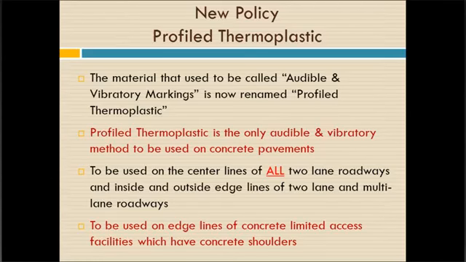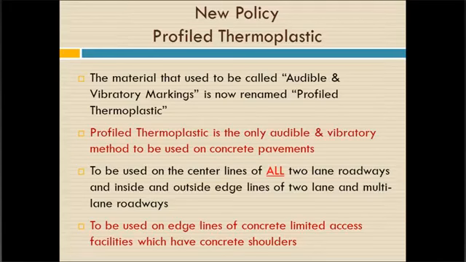This one right here is one of the major changes that we made to the policy, and it has to do with center lines on 2-lane roads. The old policy used to say we are not going to put audible vibratory markings on 2-lane roads unless the crossover accident rate was 4 times higher than the statewide average. That is being changed.